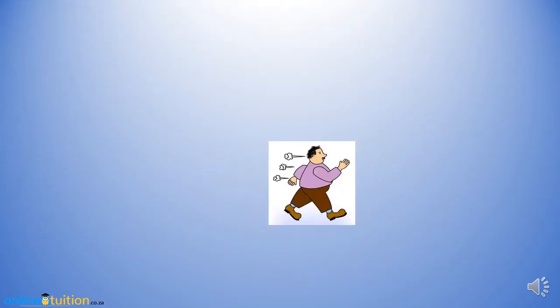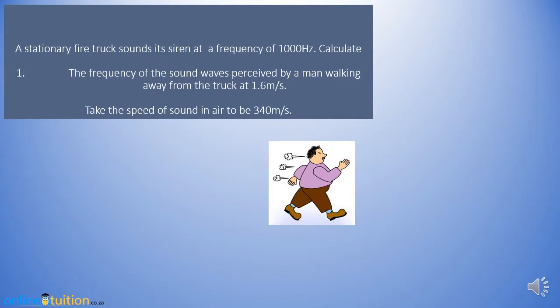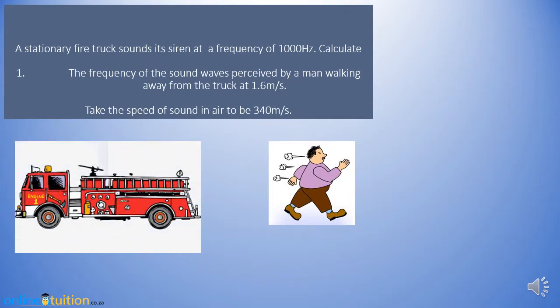Okay, so let's see what we've got over here. It seems like this guy is walking away from a stationary fire truck, which is sounding off its siren at a frequency of 1000 hertz. So straight away, conceptually, let's just see whether we understand what's happening. As he walks away, the distance between the truck and himself starts to increase. And if the distance increases, we know the waves should start to spread out.